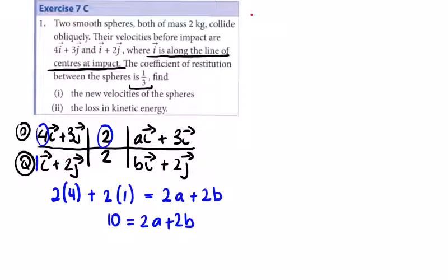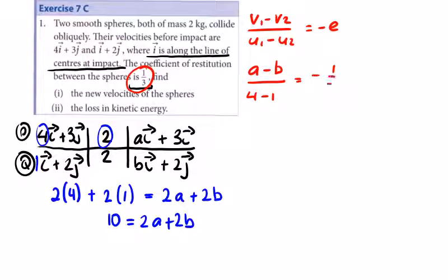Newton's law of restitution, (v1 minus v2) over (u1 minus u2) equals minus e. We'll have (A minus B) over (4 minus 1) equals minus 1/3. So 3A minus 3B is equal to minus 3, so A minus B is equal to minus 1.